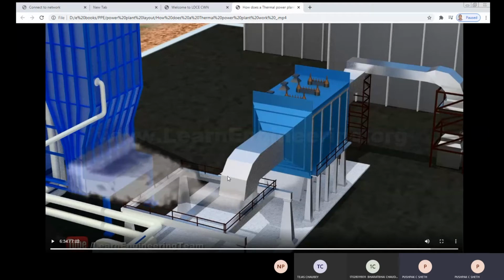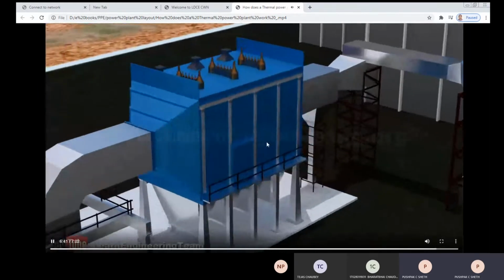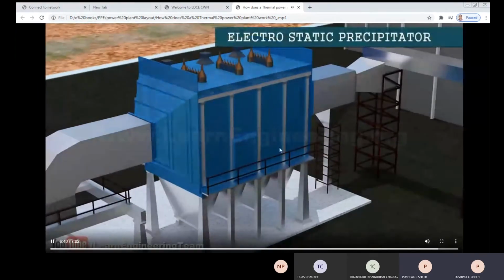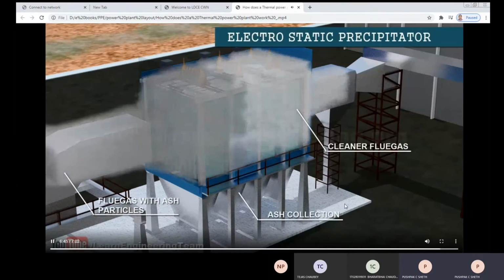So they have to be absorbed, or stopped, or prevented from going into the atmosphere, and that work is carried out by the ESP, the electrostatic precipitator. The mechanism you will understand later on, but the flue gases are required to be passed through this ESP, and the efficiency of this ESP is 99.9%.